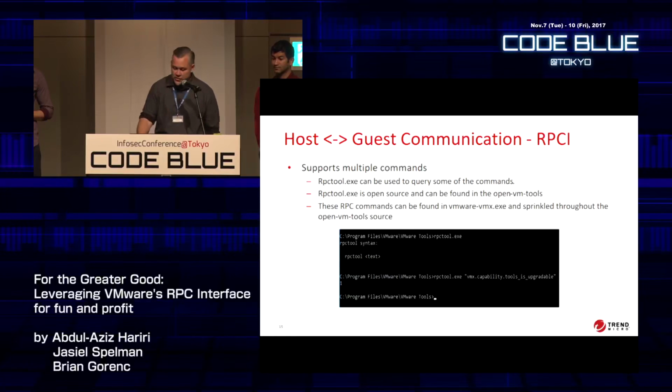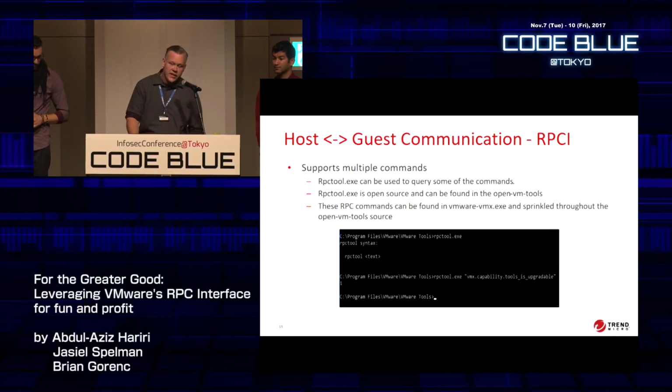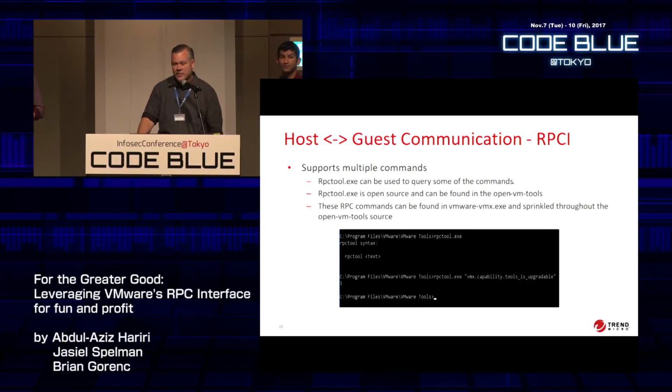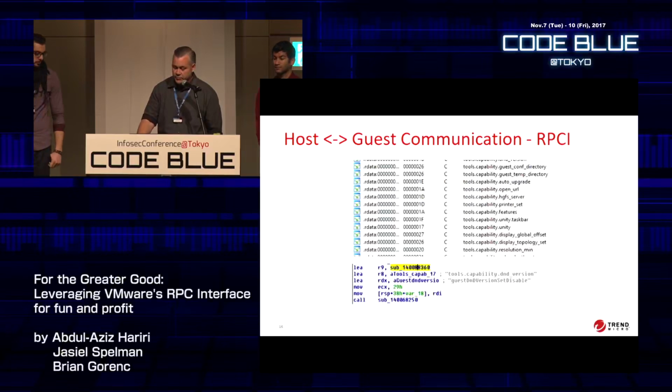You can see here on the screen that we're executing rpctool. You can see vmx.capabilities.tools_is_upgradable, and it's returning a value of 1. You can use this to test whether your scripts are working correctly, but it also allows you to trigger some of the underlying functionality that exists in VMware-VMX.